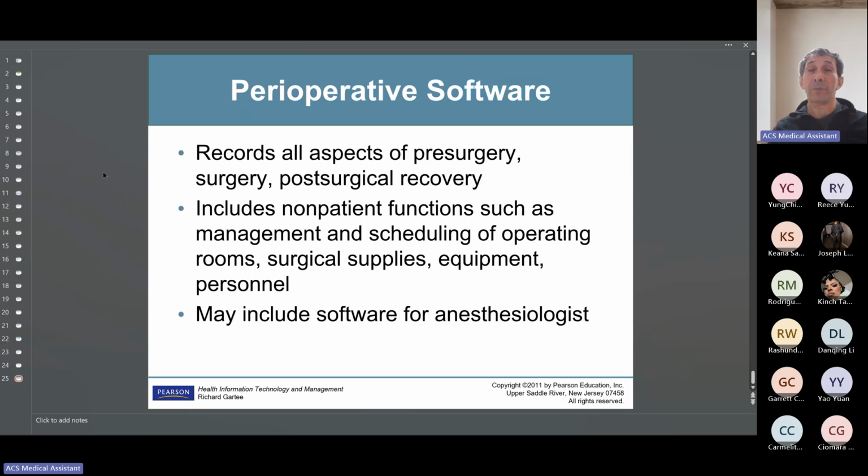So all that information is going to be recorded there. And it's going to be at our fingertips. Very, very simple.